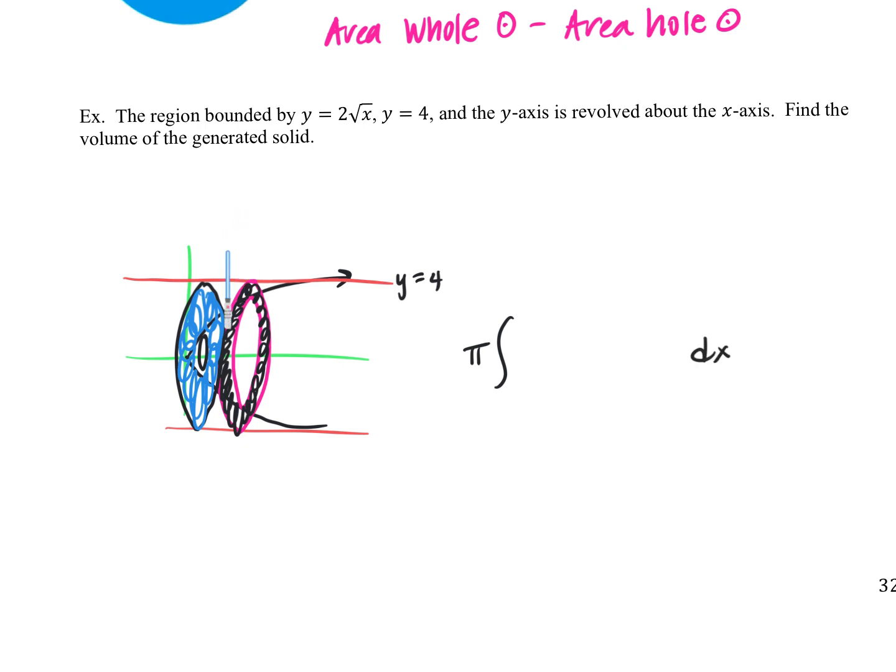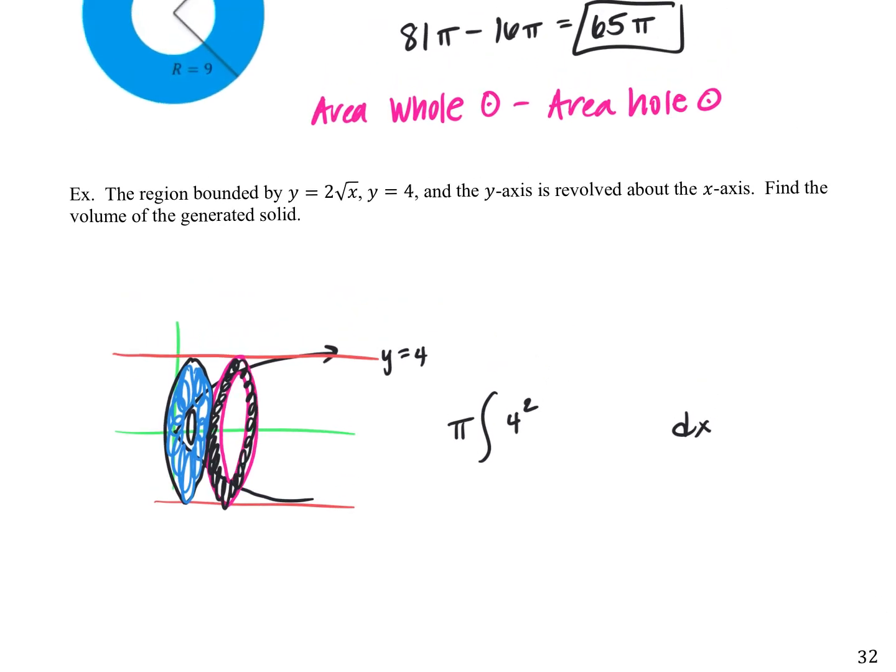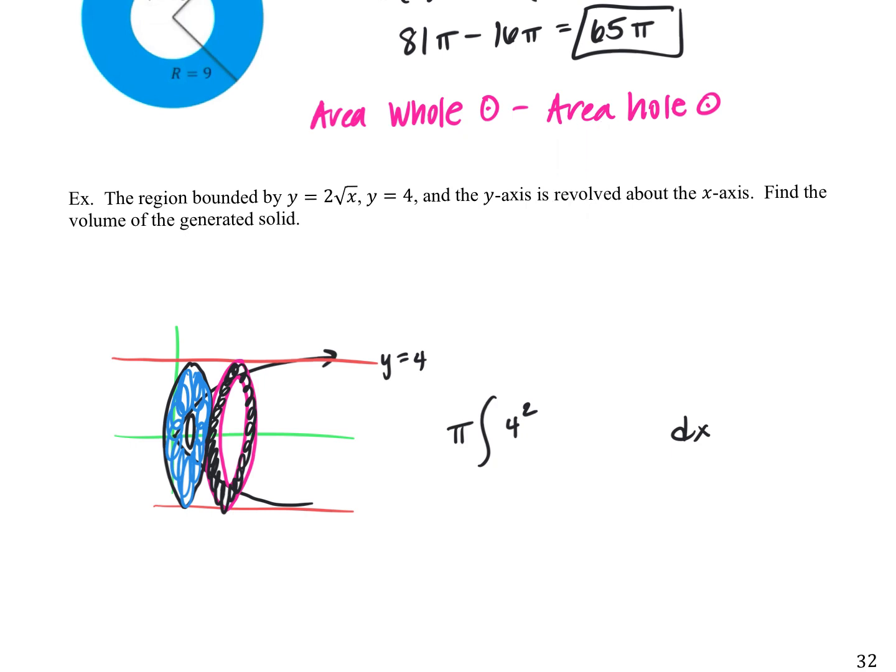What would be this whole circle's area? Pi r squared. And if we're doing this whole one, what's my radius? 4. So pi 4 squared is the area of the whole circle. Then don't we have to take away the area of this green hole?